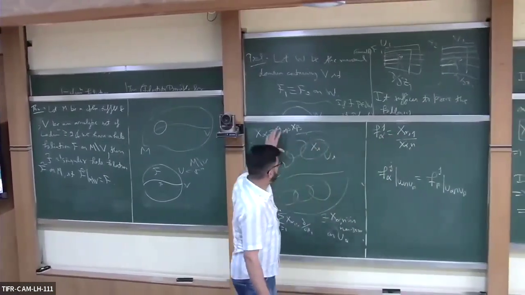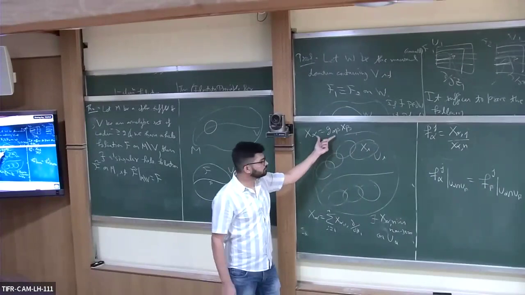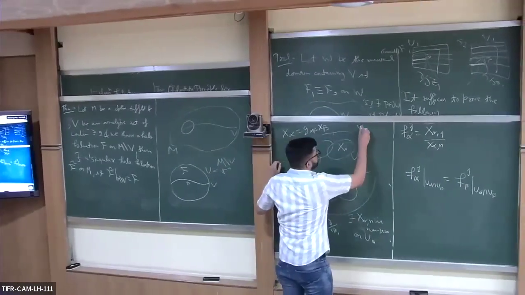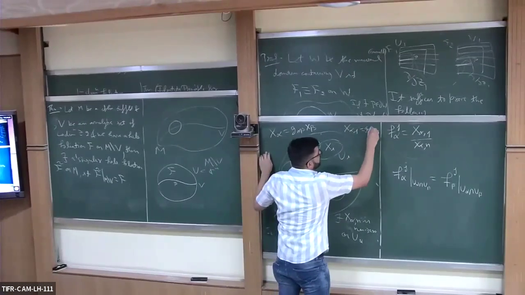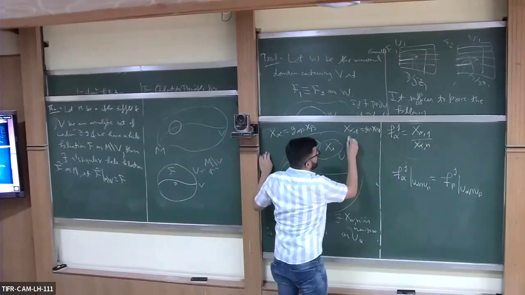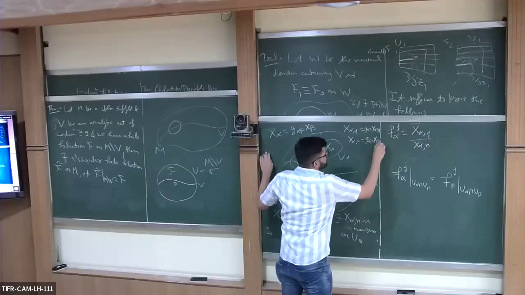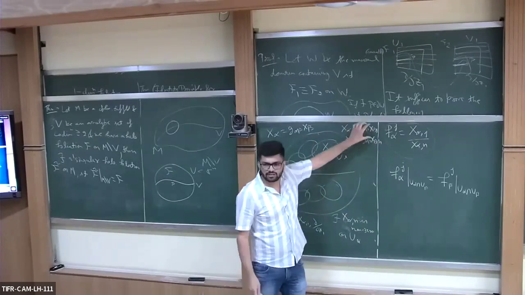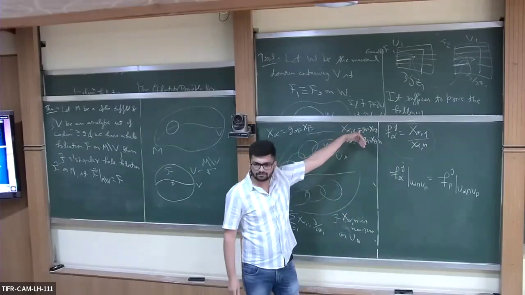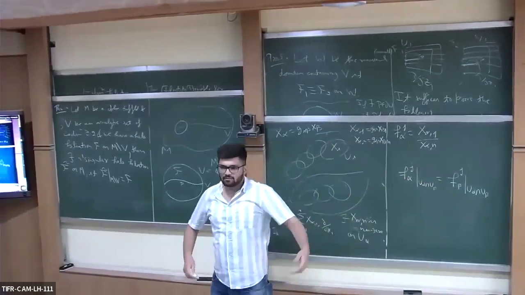This is using this: X alpha j is the same as g alpha beta X beta j, and X alpha n is again g alpha beta X beta n. So you divide both sides and you get the equality, of course where they are defined, so they are equal as meromorphic functions.